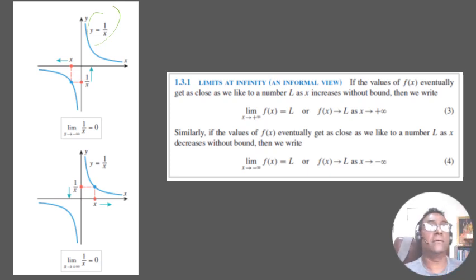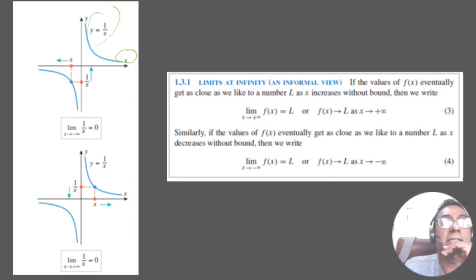It's a hyperbola. It's not even shifted left or right, which means what we have here is, as x tends to positive infinity, you'd find that the graph tends towards the x-axis, which basically tends towards 0.